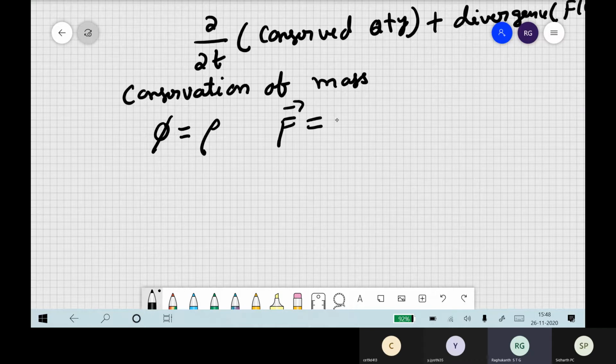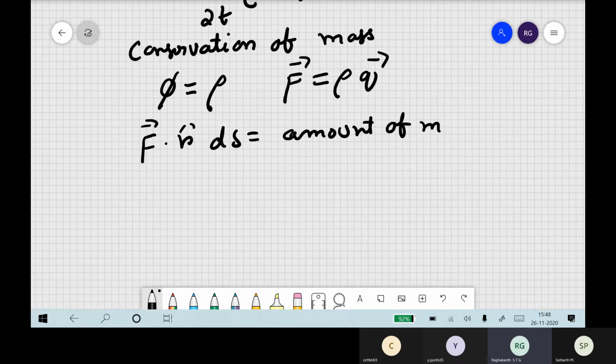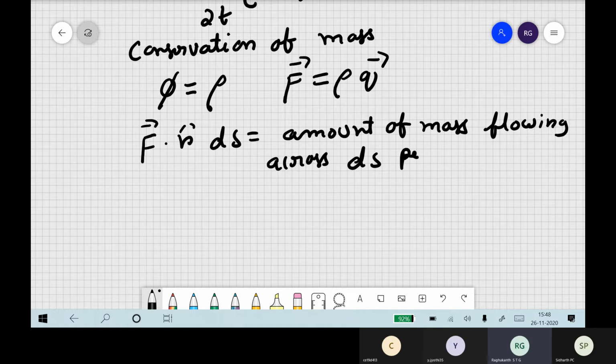So this becomes rho times q dot n dS, which indicates the amount of mass flowing across dS, that boundary, per unit time, and rho is density. That is why the integral over the volume comes.